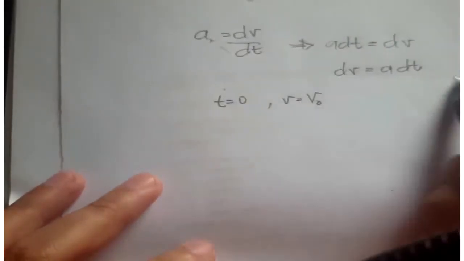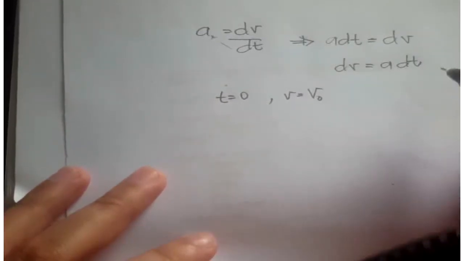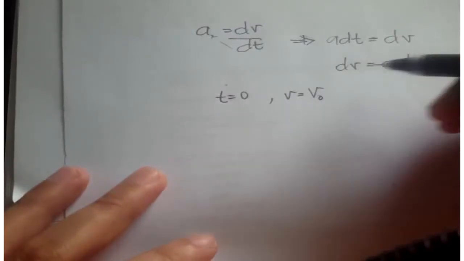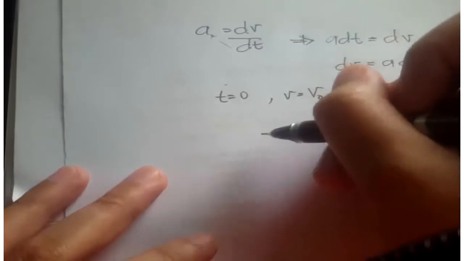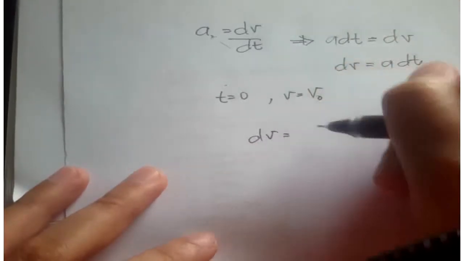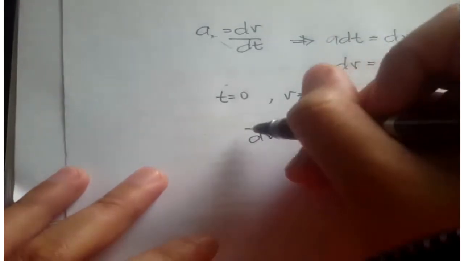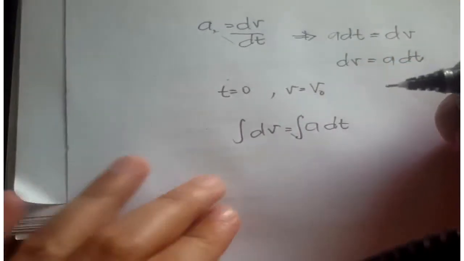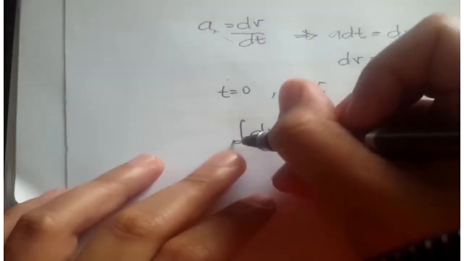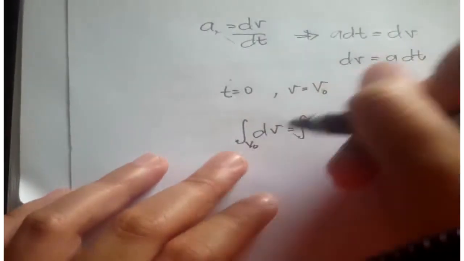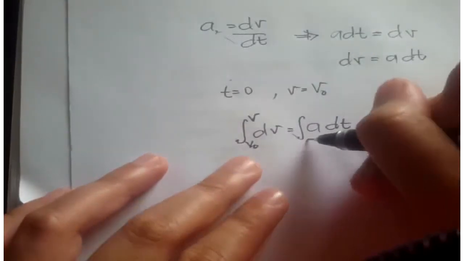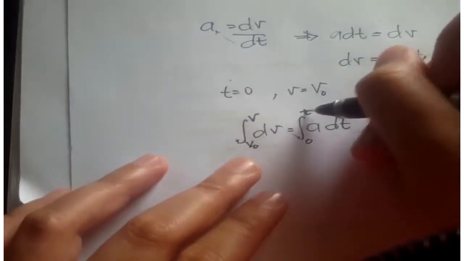So based from here, dv is equal to a dt, we can directly integrate both sides since we already did the algebra to separate dv and dt. So from dv is equal to a dt, let us integrate dv from initially v sub 0 up to its final velocity v, and then from time 0 up to time t.